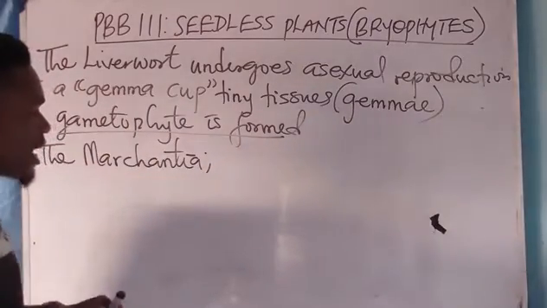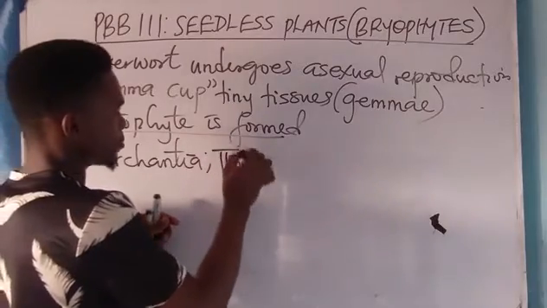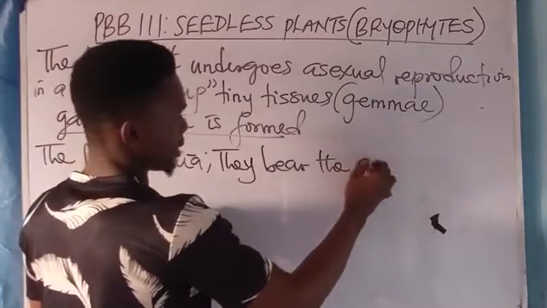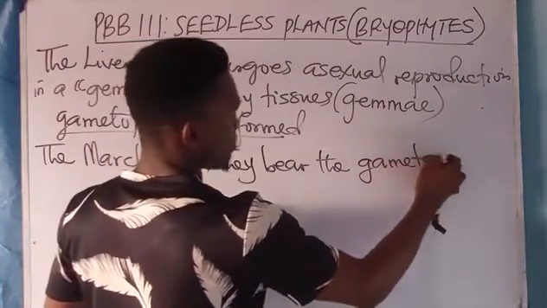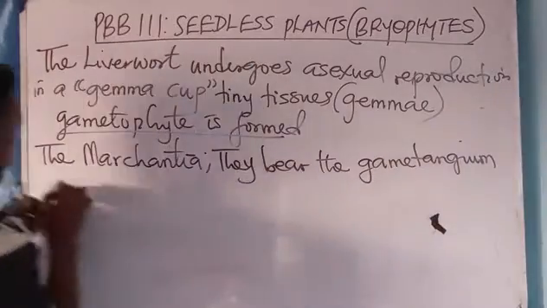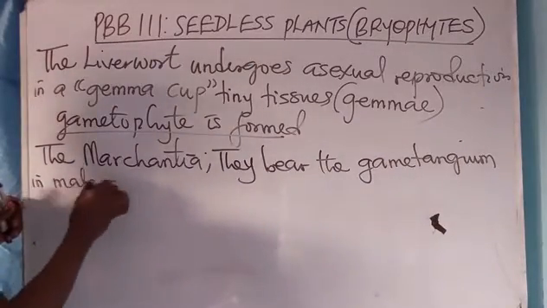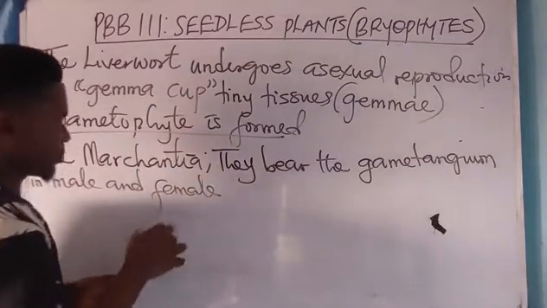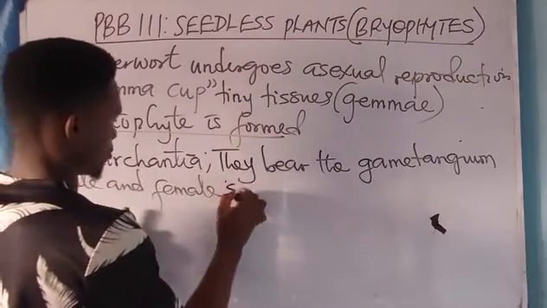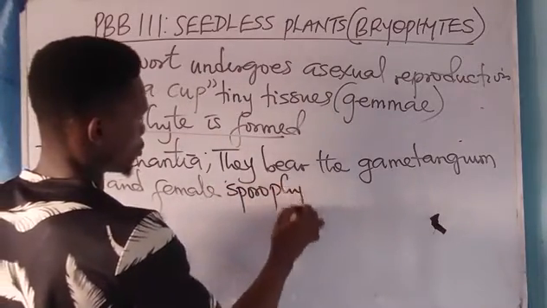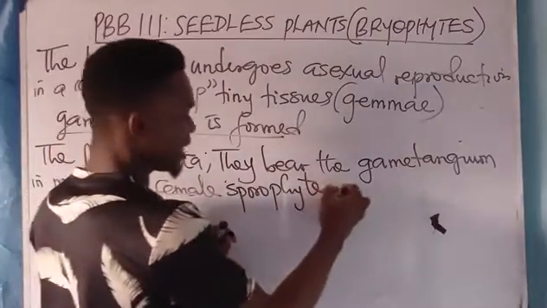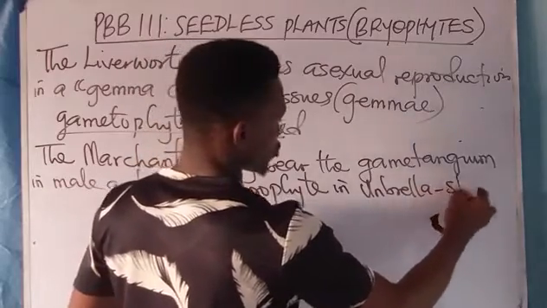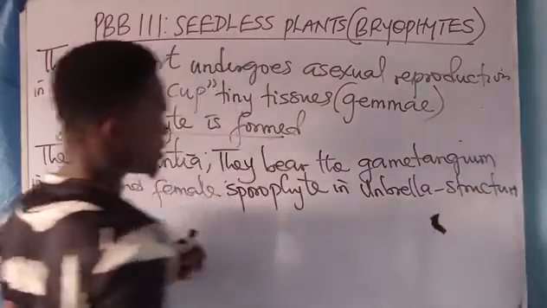Now the Marchantia, they bear the gametangium in male and female sporophytes in an umbrella structure, in an umbrella-like what structure? Please take note of that.